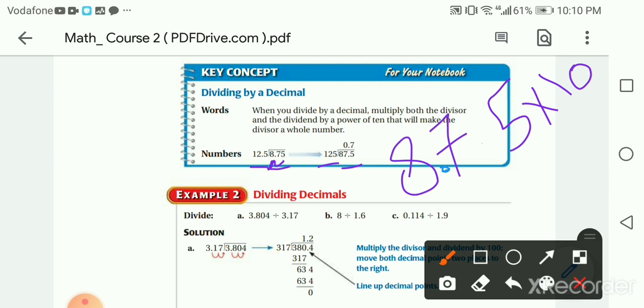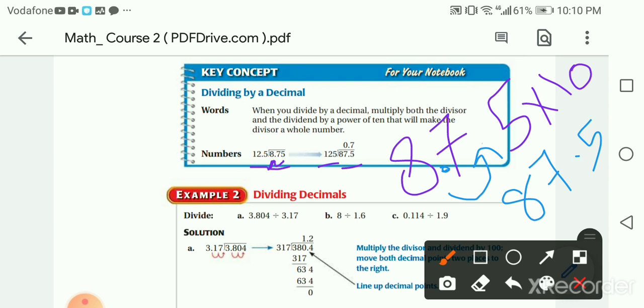The decimal point goes here, right? So it will be 87.5.